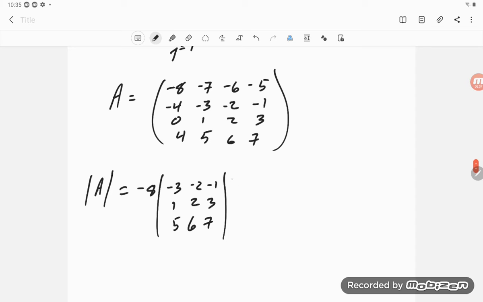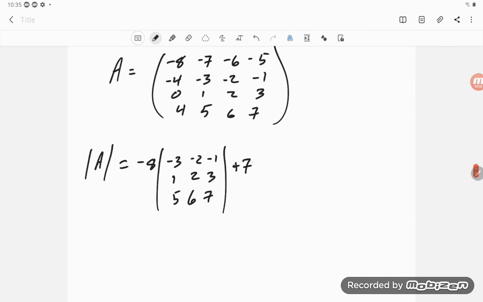And then I need a plus 7, because I want minus a negative 7, times the determinant of negative 4, negative 2, negative 1, 0, 1, 0, 2, 3, and 4, 6, 7.